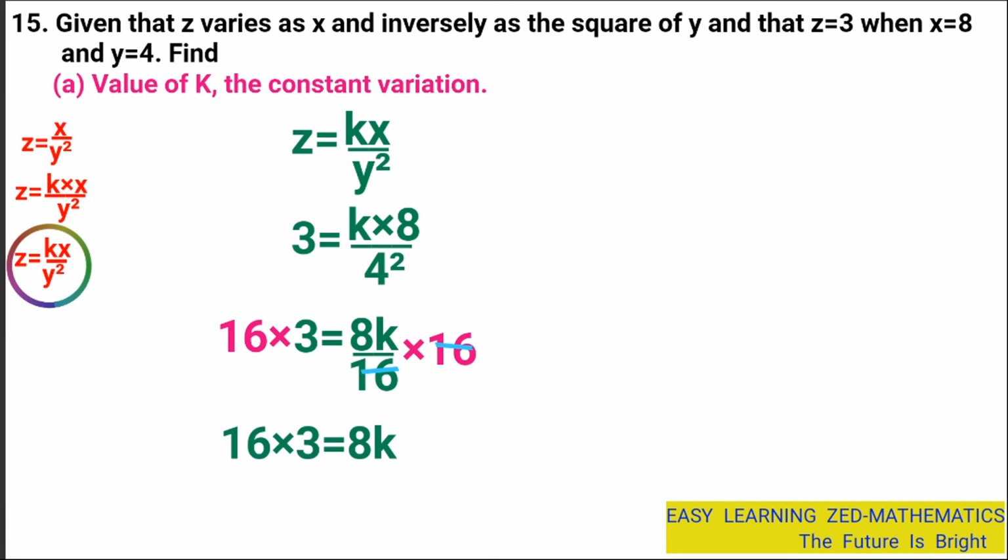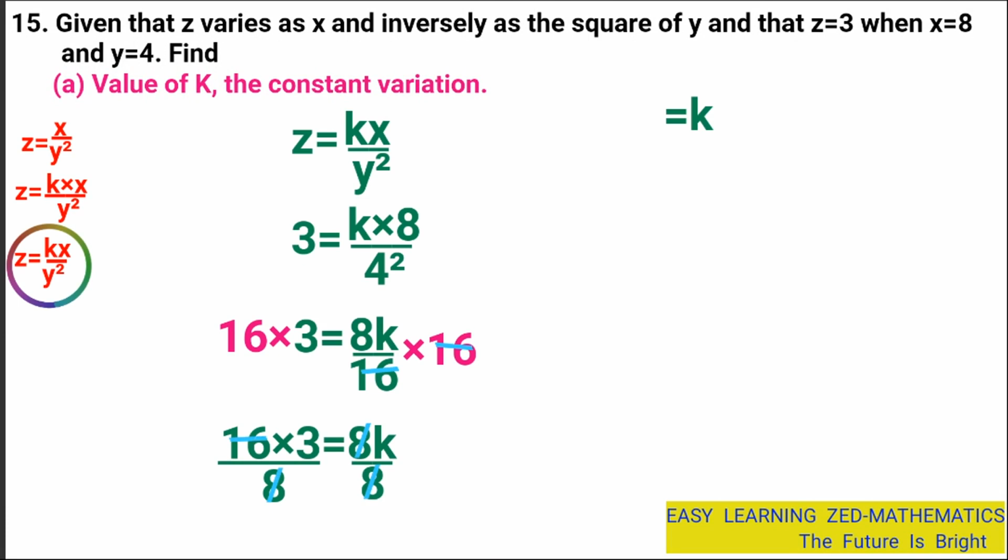Now at this time I'm going to divide both sides by 8. Why? I want to remain with k alone. So I divide 16 times 3 by 8, and 8k divided by 8. The 8 here will cancel and here will cancel, leaving us with k. Then 8 into 16 will give us 2.